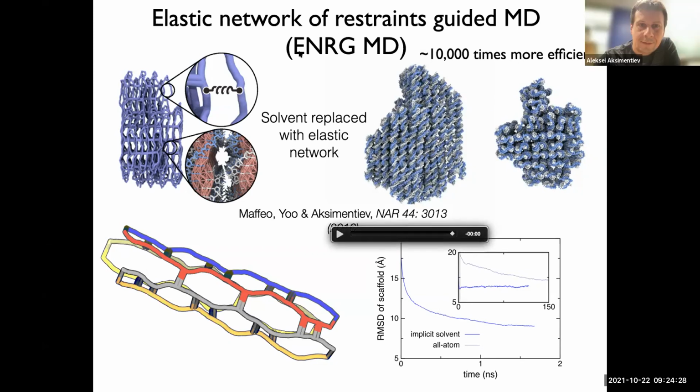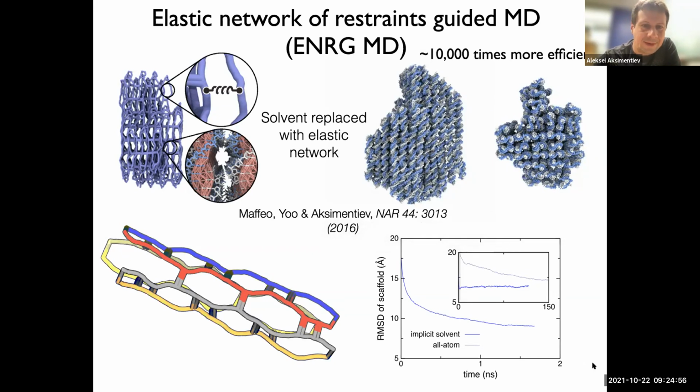So this method we called elastic network restrained molecular dynamics. I forgot what it stands for, but energy MD sounds really cool, and it's been used by experimentalists to test various designs at multiple stages of the process.